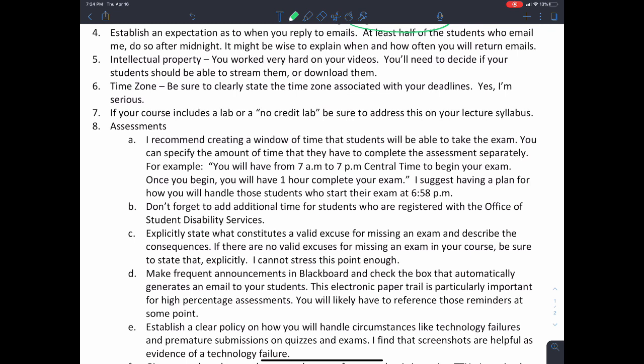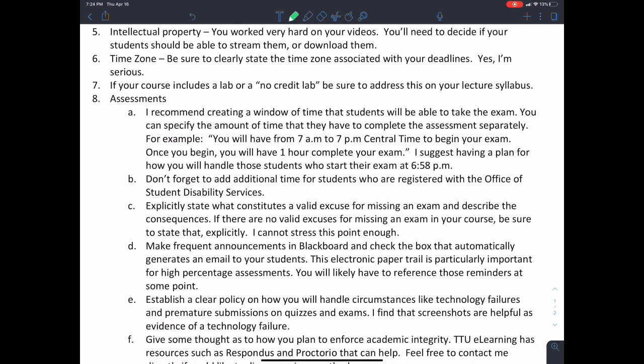And they need to be reminded that I'm not necessarily looking at my inbox at 3:45 a.m. And so I have in my syllabus that I will respond to them within 24 hours of their email. I usually get to them by 10 a.m. or so the next morning, but just so that they know that you're not necessarily looking at your inbox 24/7.